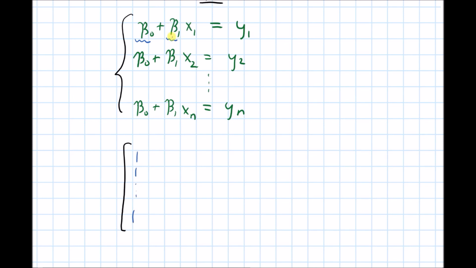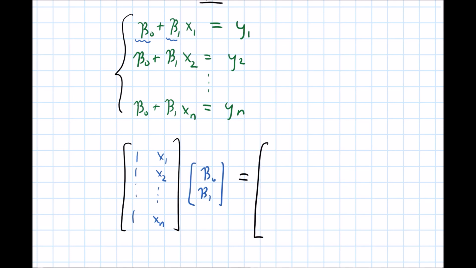The next column will be the coefficients of beta 1, and that is x1, x2, dot, dot, dot, up until xn. So we have this matrix times the vector beta naught, beta 1. That's what the left-hand side is.